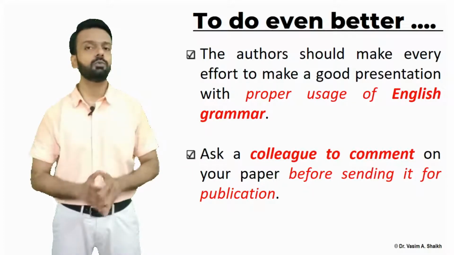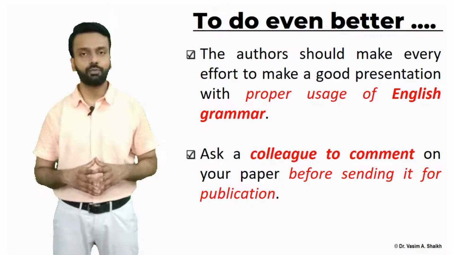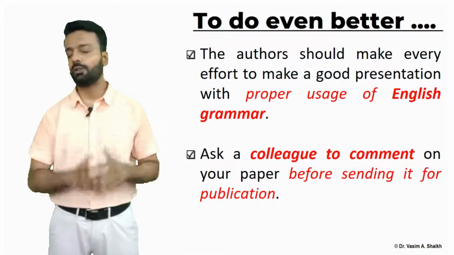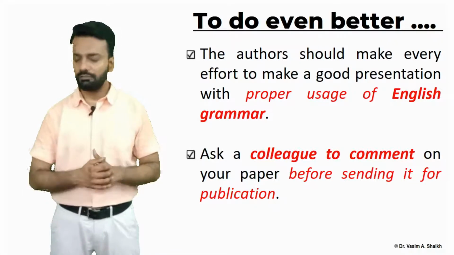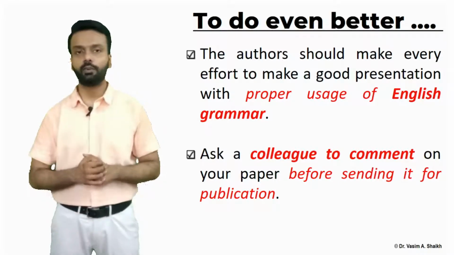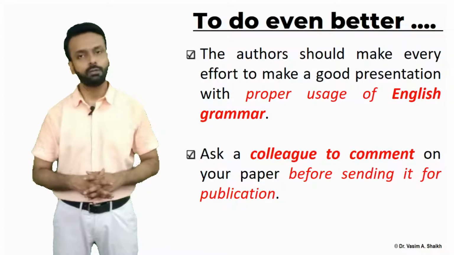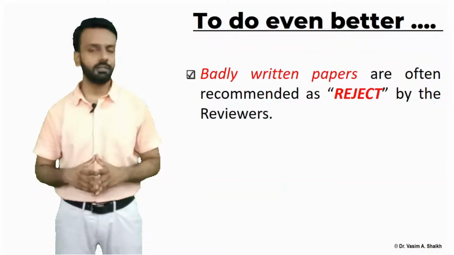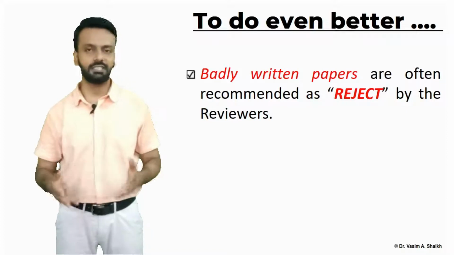You need to work more on the English grammar of your manuscript, and that will improve its quality. Also, when you're revising the manuscript, please send it to a colleague so that they can give their feedback and comments before directly sending it to the journal. Most of the time, badly written papers are rejected.